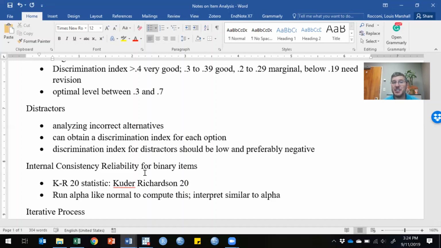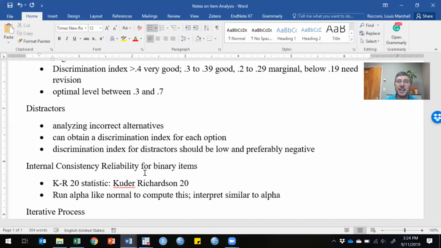It's just a generalization of Cronbach's alpha. So you can just run your regular internal consistency alpha reliability the same way you normally do, and you interpret it pretty much in the same manner.